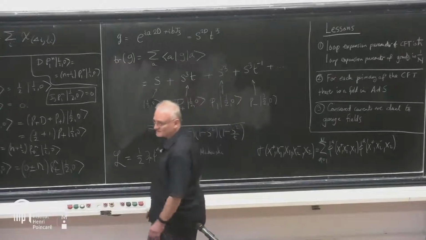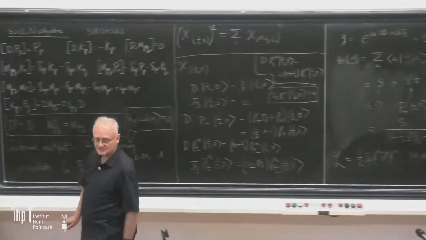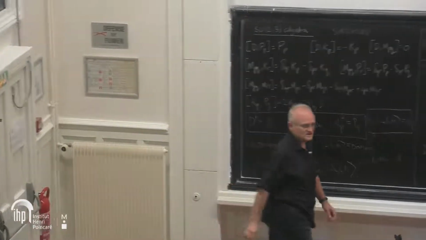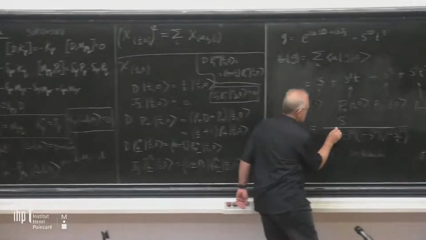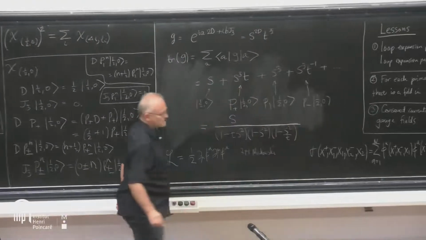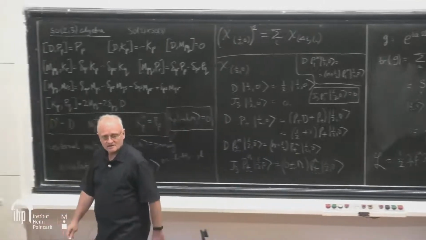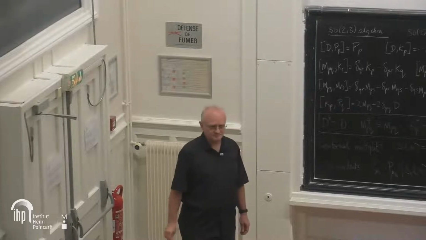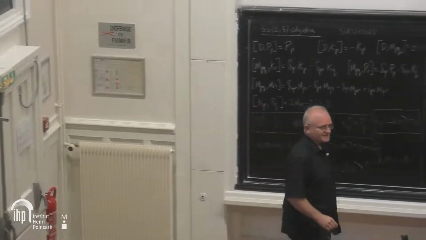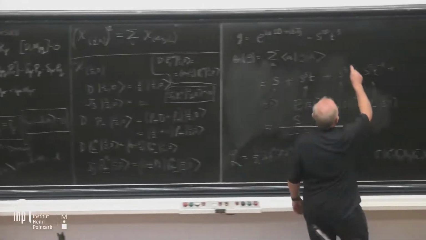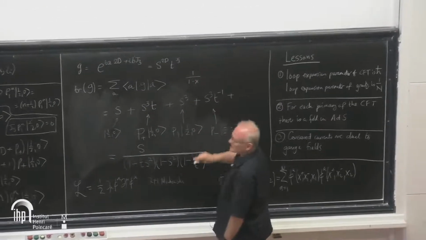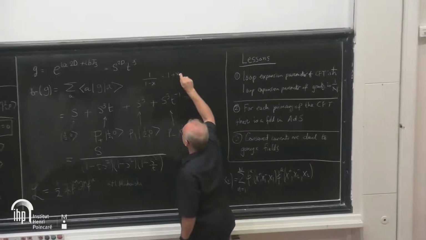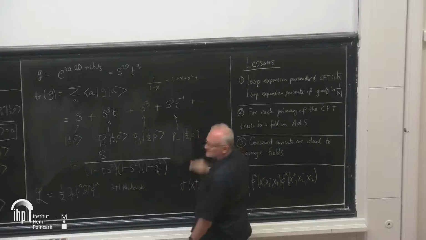So that's this character. Does anybody want to take a shot at telling me why the character looks like that? Why does the character look like that? If you've got 1 over 1 minus x, and you simply expand this thing, this is 1 plus x plus x squared plus, and so it continues.